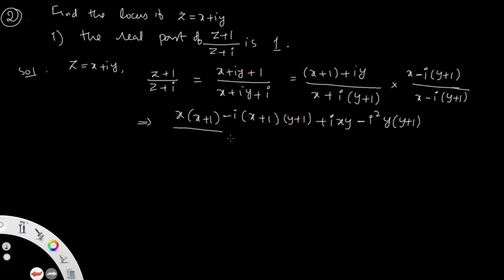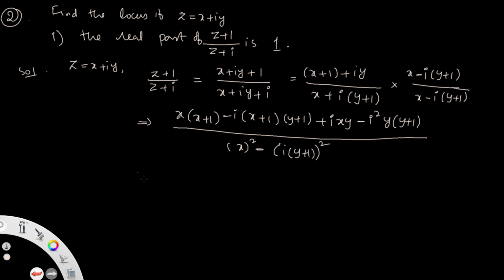Total thing divided by the denominator in the form of (a plus b)(a minus b), that is x square minus i square into (y plus 1) whole square.